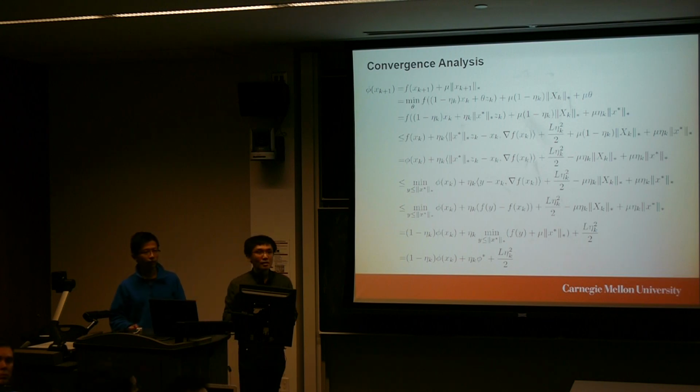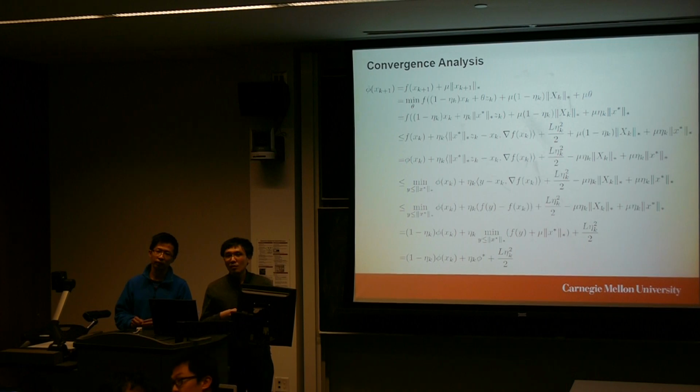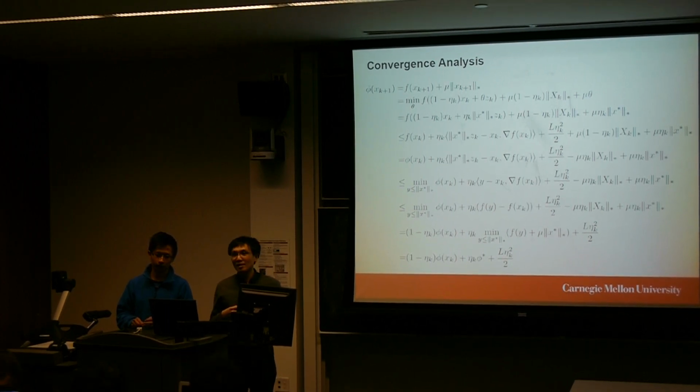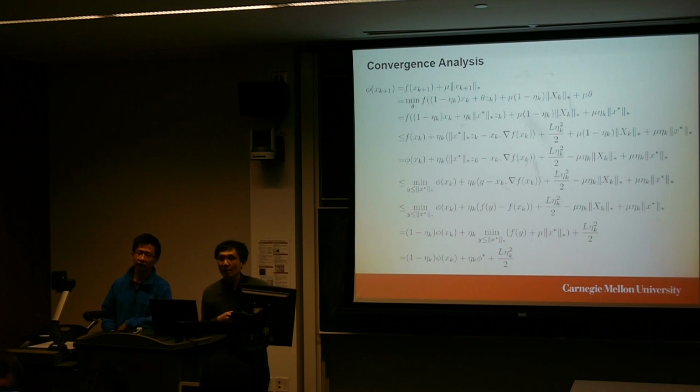Thanks. Any other questions? I think you mentioned that the state of the art is 1 over k. Most of them are 1 over k, but if we use the Nesterov accelerated method, I think it should be 1 over k squared. Why not?